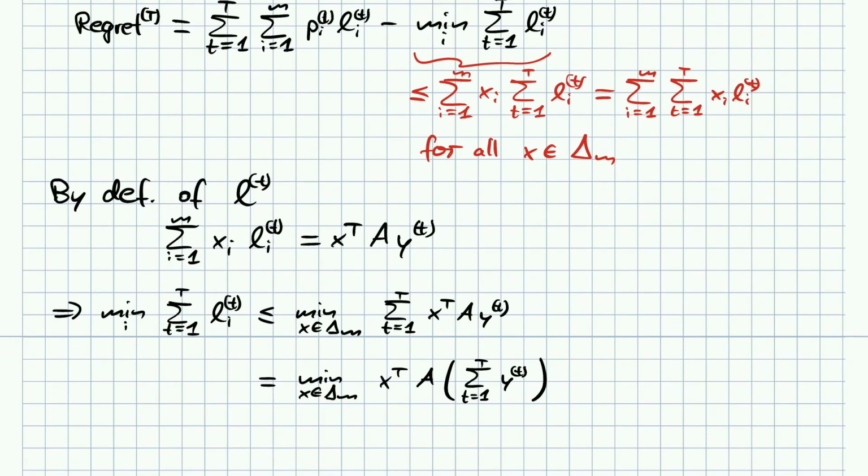And so this is why, and somehow I feel this is kind of the key of this proof, namely, here now we can replace this by the maximum over all y.